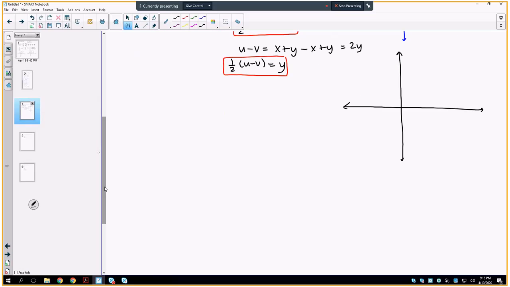In the UV plane, we said that u was going to run from 1 to 3, and v from negative 1 to 1.